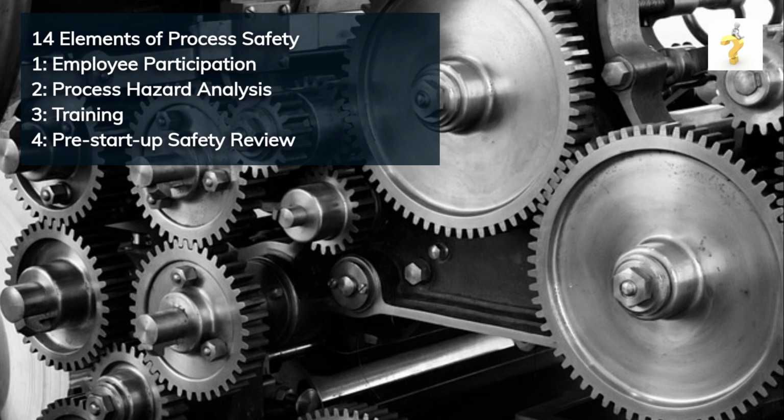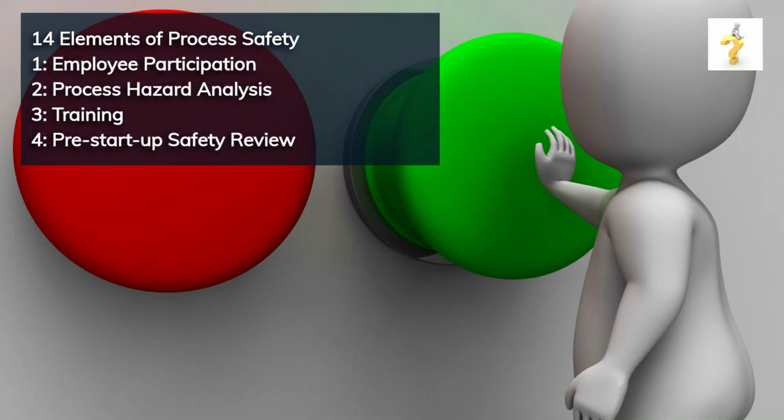It involves conducting a comprehensive assessment before new processes or modifications to existing processes are initiated. This review ensures that all safety measures, procedures, and controls are in place and operational before beginning operations. During the pre-startup safety review, potential hazards associated with equipment, materials, personnel, and external factors are evaluated.